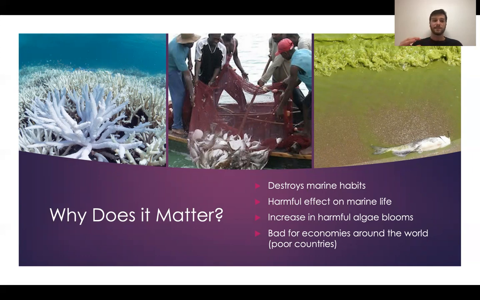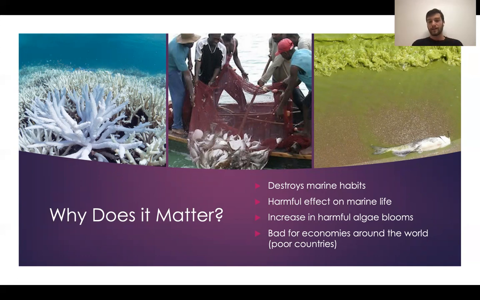What happens is as the algae absorb all this CO2, it creates an oxygen-deprived environment around the algae, and so this is where fish suffocate. There's good algae, and then there's some algae which is just poisonous to fish. So all the algae thrive in this type of environment, making it a bad place for most marine life.